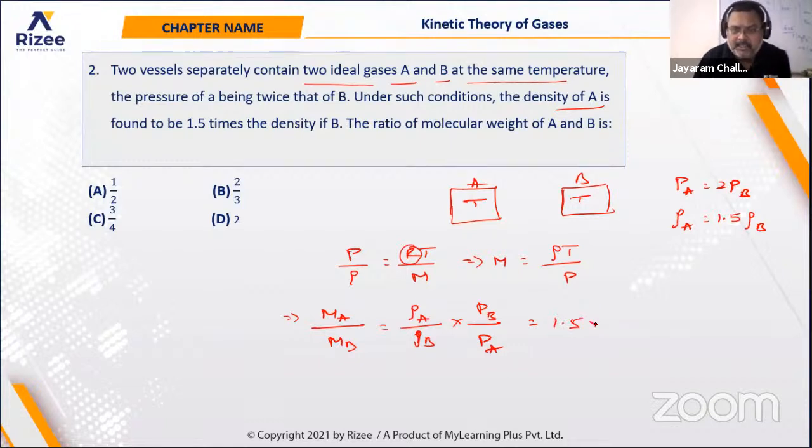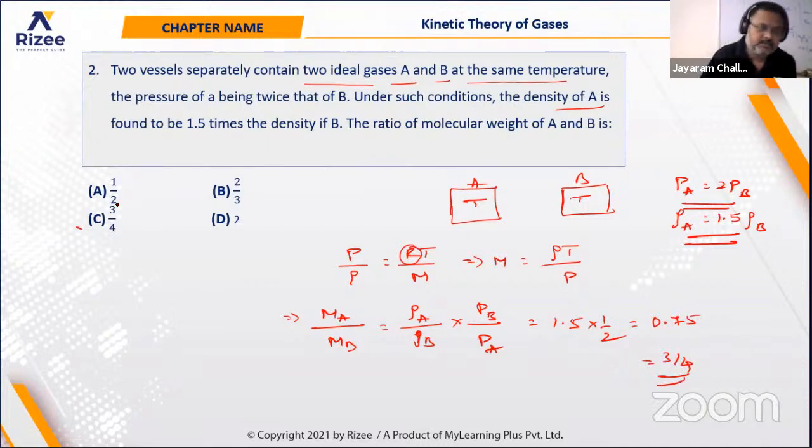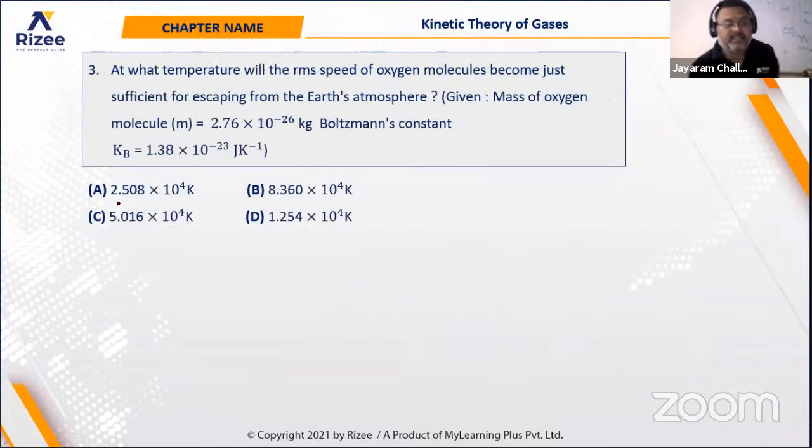PB by PA is 1 by 2, from these two things that we have written separately. So 1.5 by 2 comes out to be 0.75. What is the 0.75 value? It is 3 by 4. This is your information.